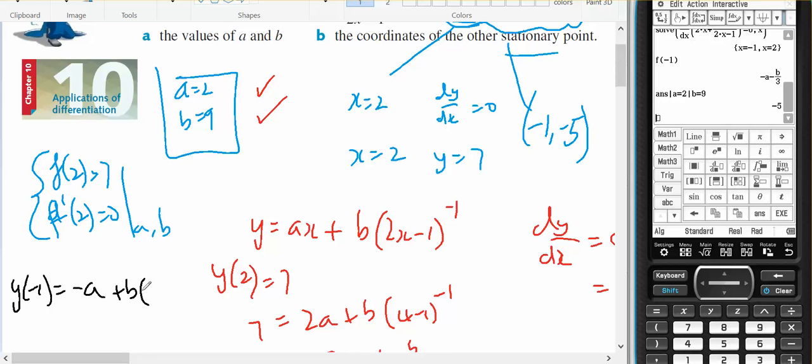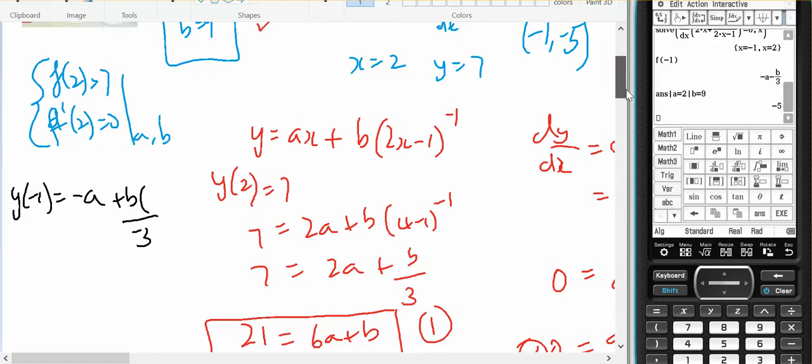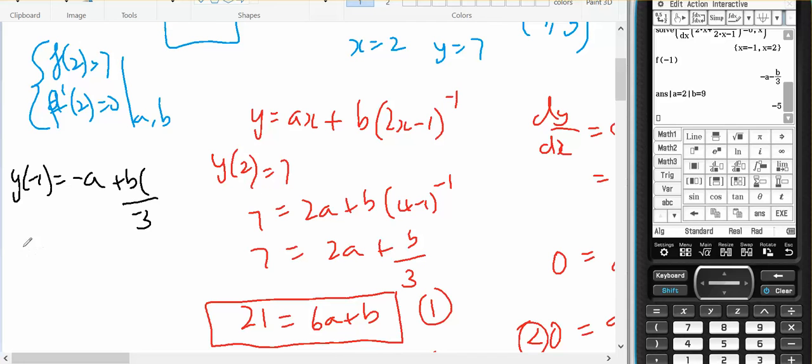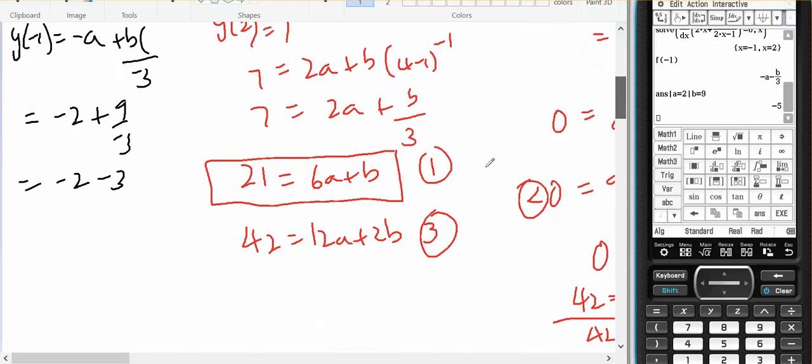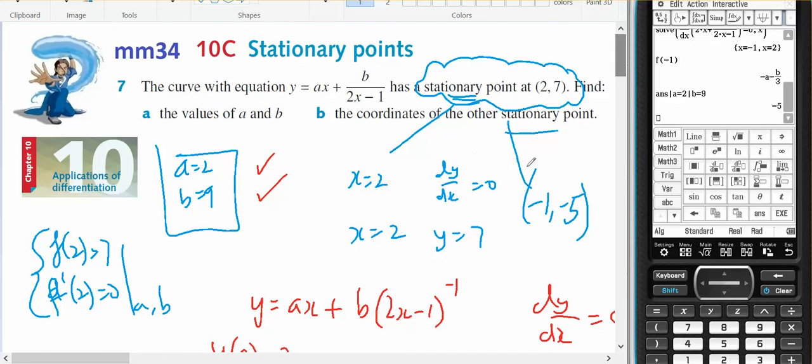So on negative 3, and a equals 2. So minus 2 plus 9 on negative 3, minus 2 minus 3 equals minus 5. Therefore, this other stationary point is at (-1, -5). So the first part is how to do it on the calculator. The second part is how to do it by hand.